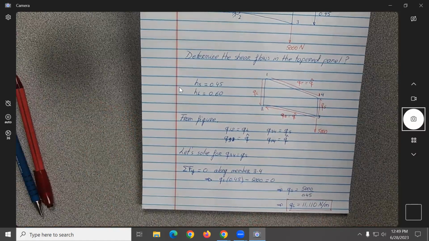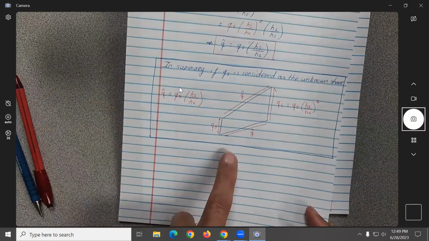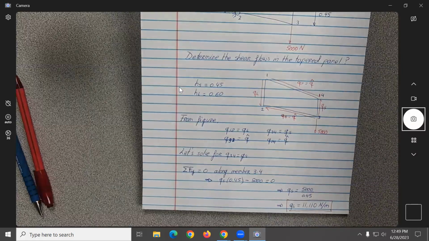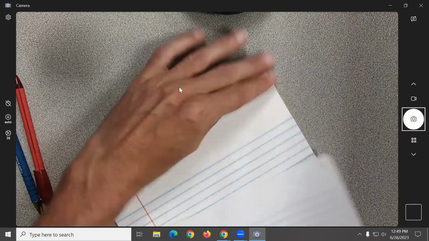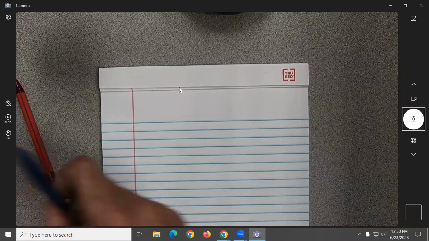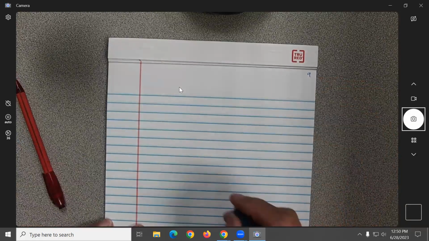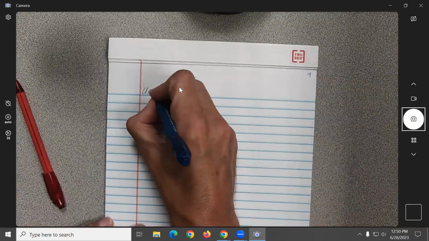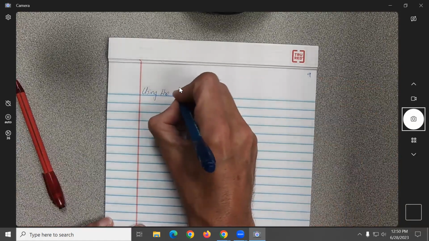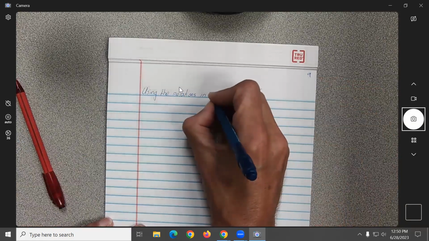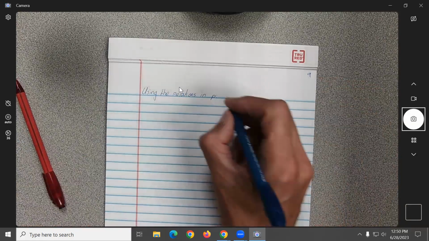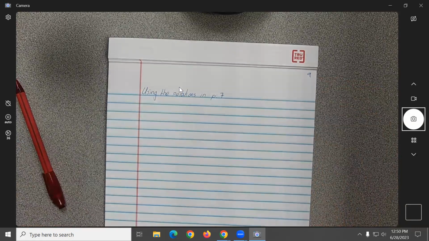Okay, so now what do we need to do in order to find the other ones? We need to use these relations, no? Okay, so here we go. Using the relations in page 7, or whatever is your page.